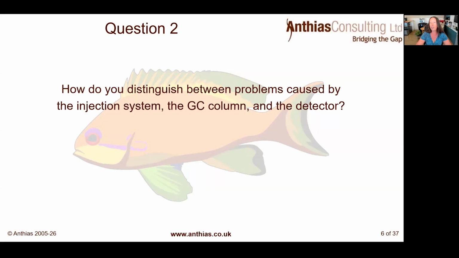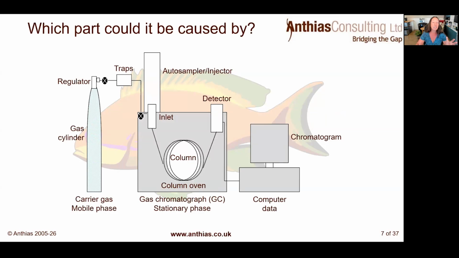So let's have a think about how we can distinguish between these. Again, this is really about understanding the different instrumentation parts. So of course, we have our carrier gas flow path, as we talked about with the previous question. One of the key things is looking at our chromatogram and what the problem is. It could be things like contamination, for example.